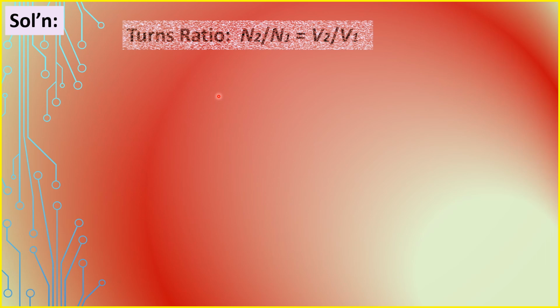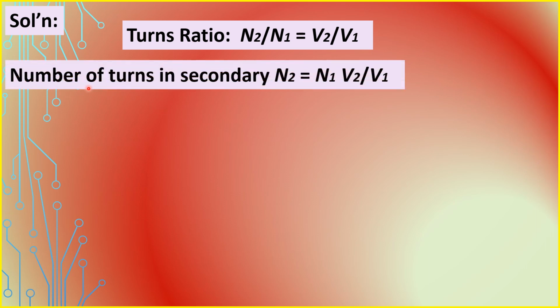For our solution to this question, we make use of the turns ratio formula: N2 over N1 equals V2 over V1. Our target variable is to determine the number of turns in the secondary, or N2, using the formula N2 equals N1 times V2 over V1.